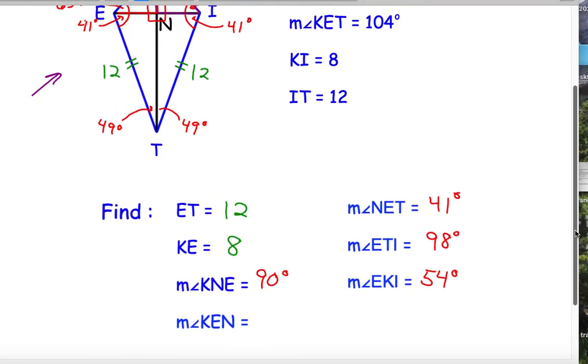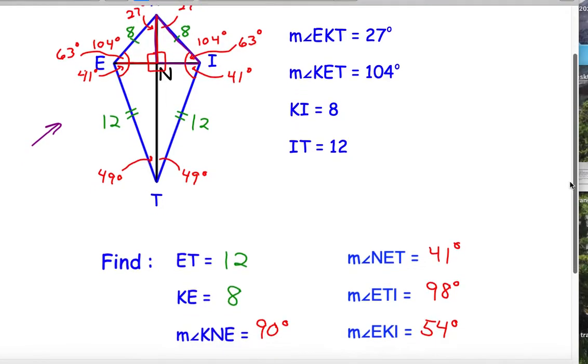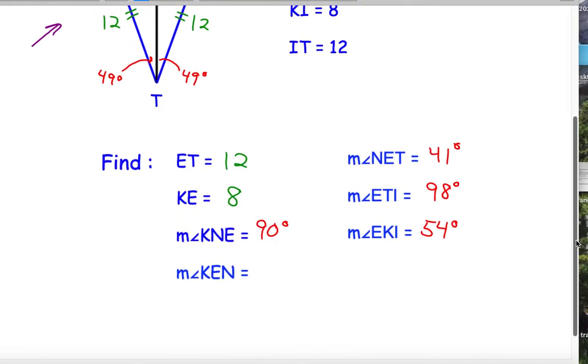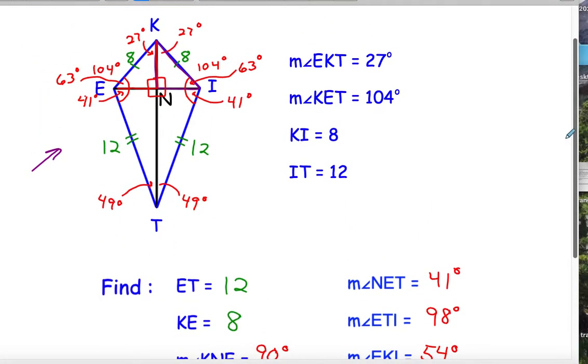And one last one, the measure of angle KEN. K to E to N, we figured out was 63 degrees. So with these types of problems, I like to just go ahead and fill in the picture with everything I can figure out, and then worry about the specific angles that they're asking about.